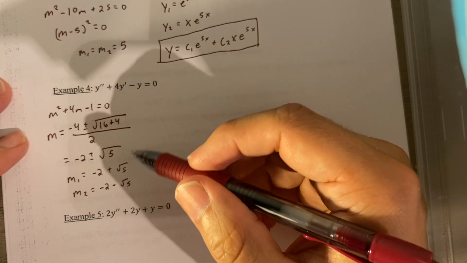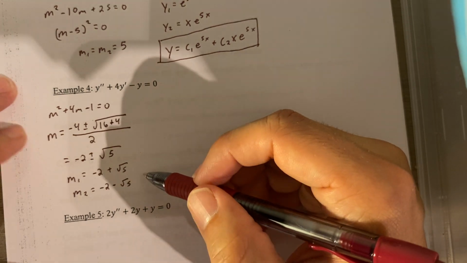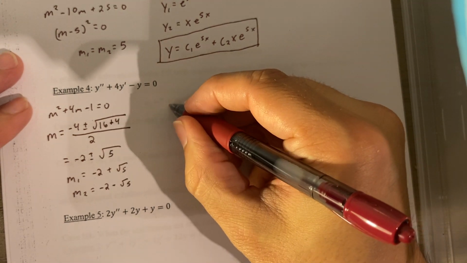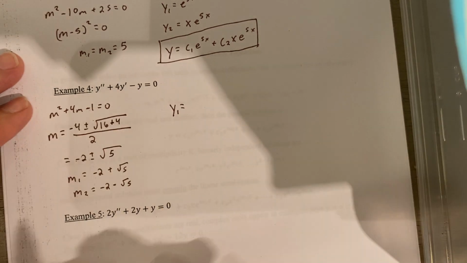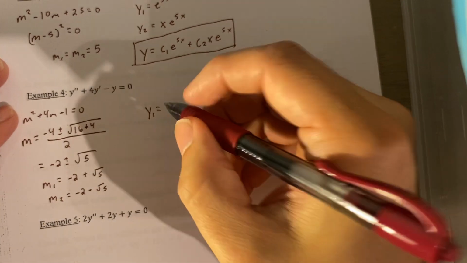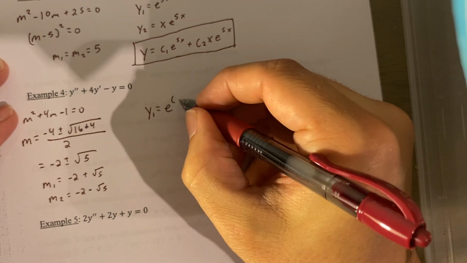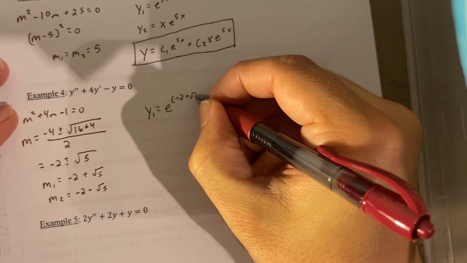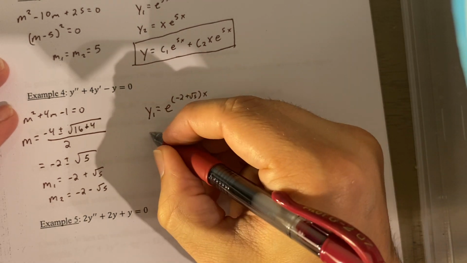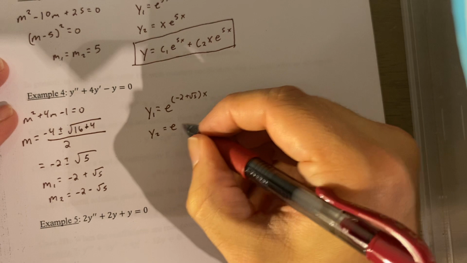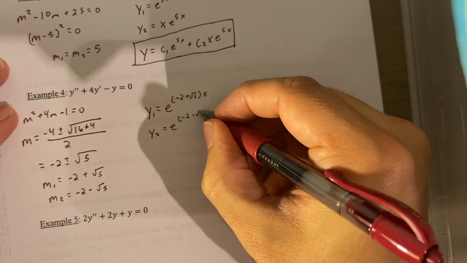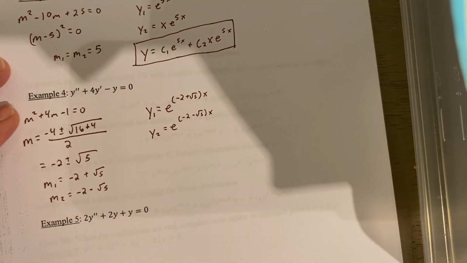And because these are real roots, they're not complex, then I'm just going to go back to my solution as y sub 1 is equal to e to the m sub 1, which is negative 2 plus the square root of 5, x, and my y sub 2 is e to the negative 2 minus square root of 5, x.